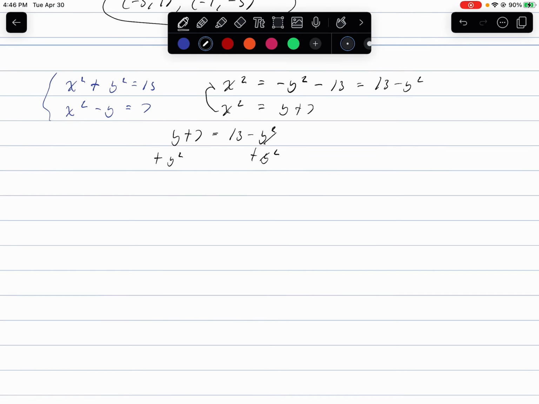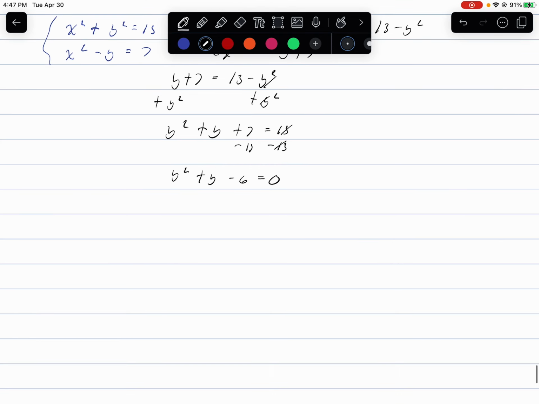If we add y squared, that way we don't have to deal with negatives. These will cancel, so we'll have y squared plus y plus 7 is equal to 13. Okay, if we take 13 away from both sides, we get y squared plus y minus 6 is equal to 0.